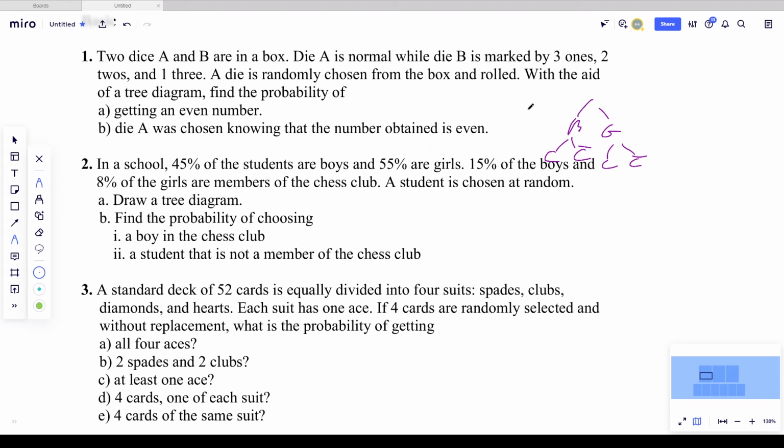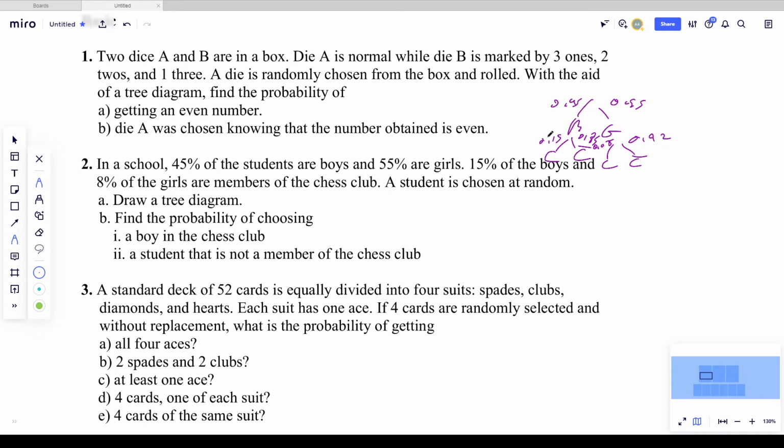First of all, what are the probabilities? So 0.45 for boys, 0.55 for girls. Playing chess, 15% of the boys and 8% of the girls. So 0.15, and this one's 0.85. This one's 0.08. Wait, do they play? Yeah, play. And this one's 0.92.